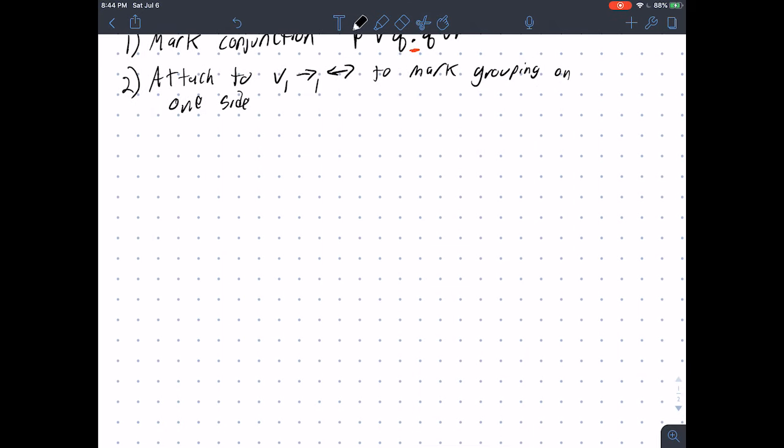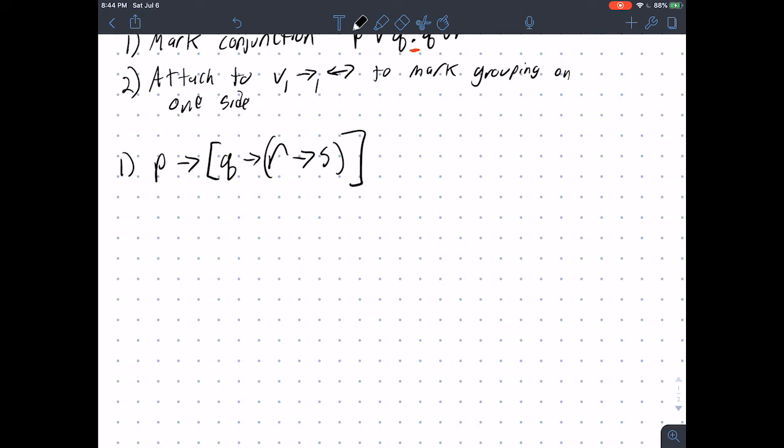So let's consider, just making this up, the schema: P, if P, then if Q, then R. Actually, wait, let's do this. I'm not going to read that, but it's a bunch of conditionals inside of a big conditional.